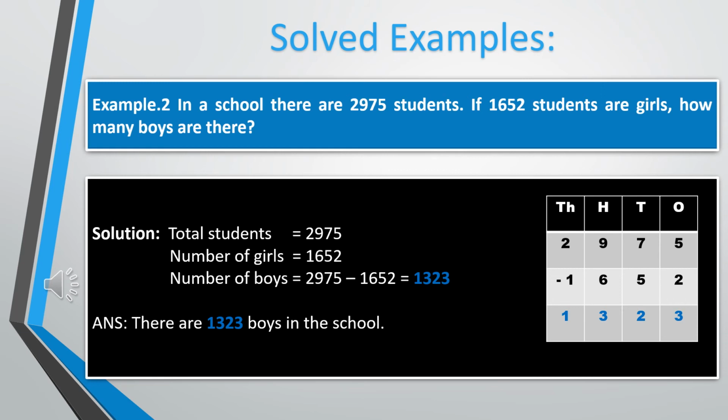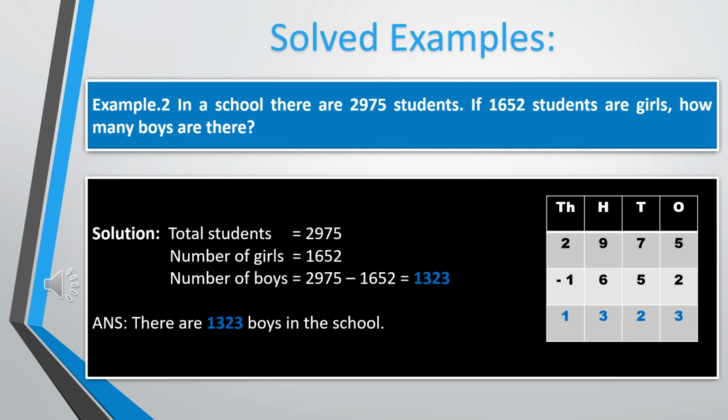If 1652 students are girls, then we have to find out how many are boys. So, total students 2975, number of girls 1652, and we have to find out number of boys.